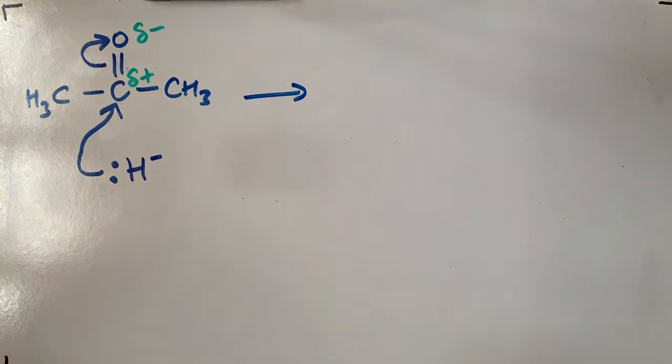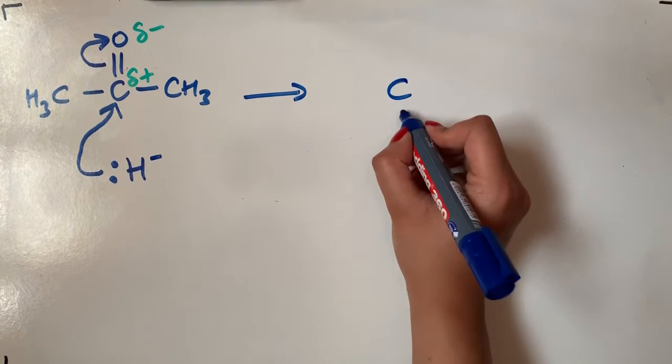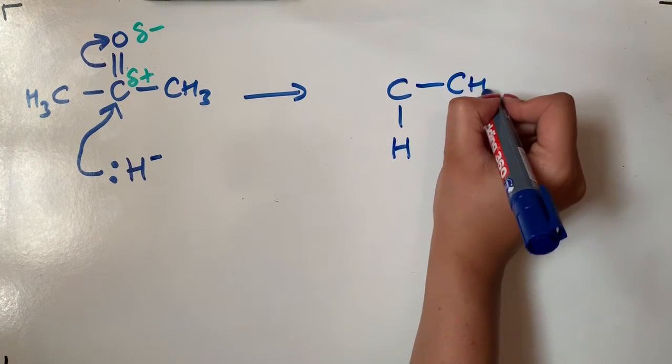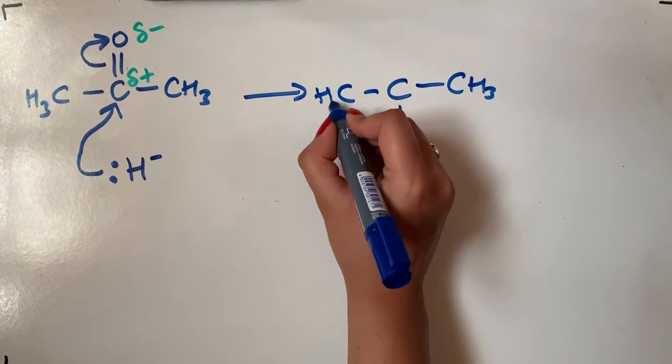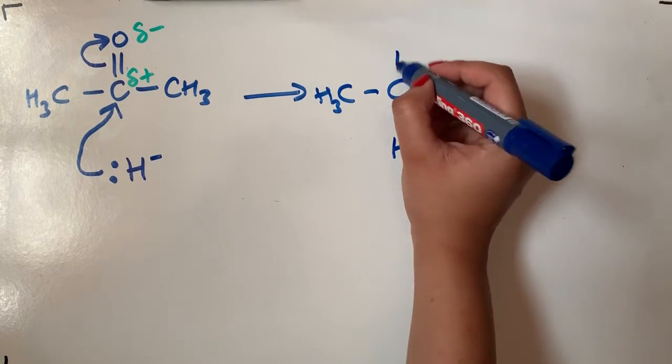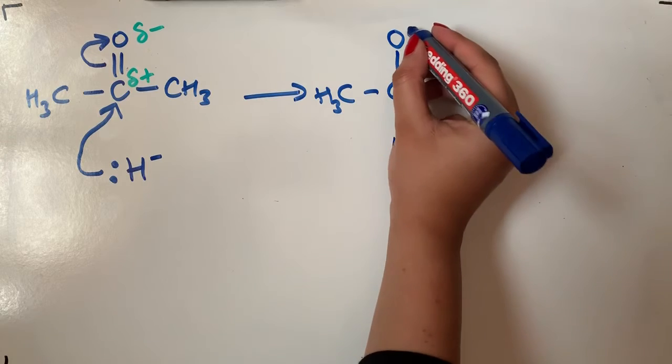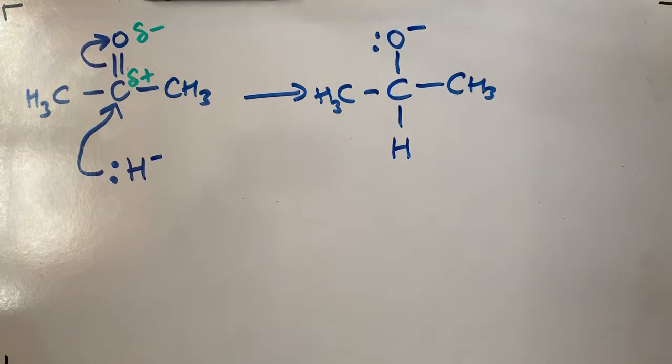If we now draw the product of that step, we formed a bond between the carbon and the hydrogen. We've still got our methyls there, so they haven't changed, but we've now got one bond between the carbon and the oxygen. The oxygen now has a negative charge and a lone pair of electrons on there.